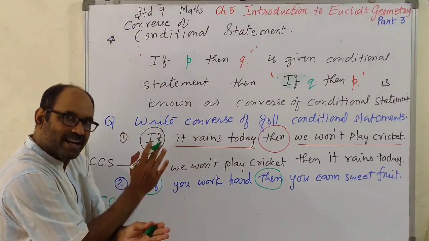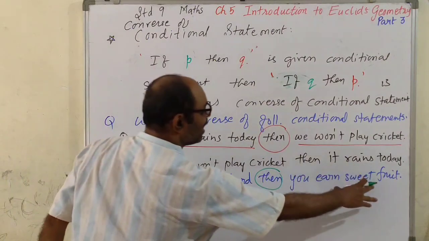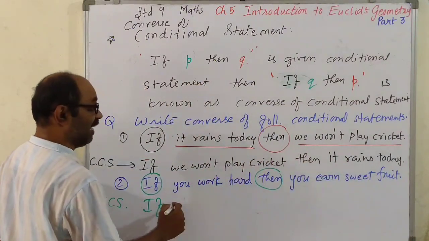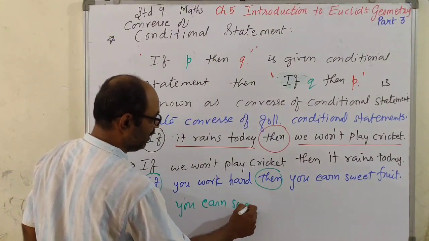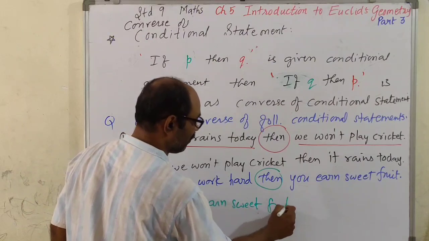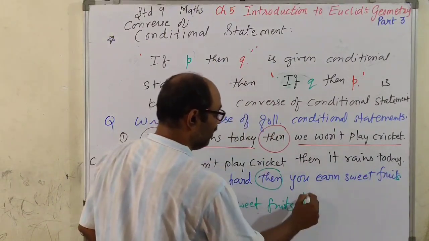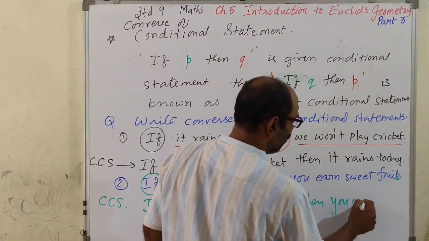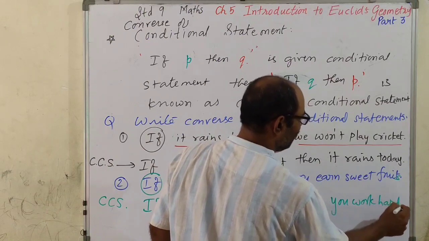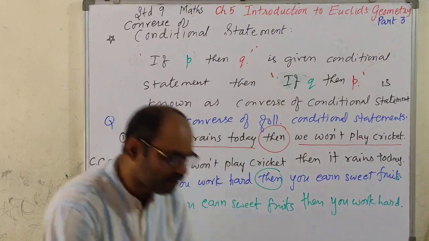Now we are supposed to write converse conditional statement. If will remain as it is. But this consequence will take place of condition. If you earn sweet fruits, then you work hard. This is converse of conditional statement.